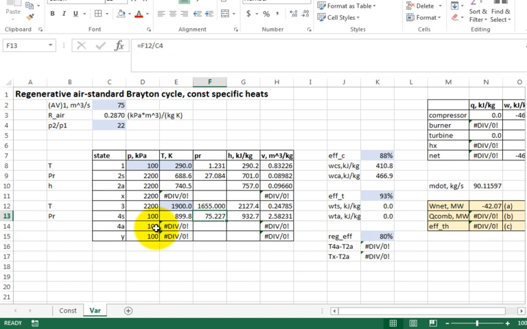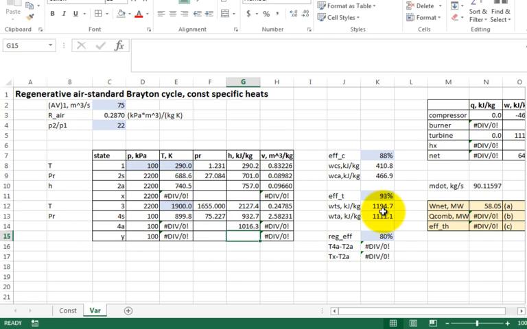Okay. And then I come over here and say, now I know what the work of the turbine is. If it's isentropic, it'll be this enthalpy minus that enthalpy. Whoops, there. And then because of the efficiency, I only get 93% of that out. So I can come over here and say, this minus the actual work out.